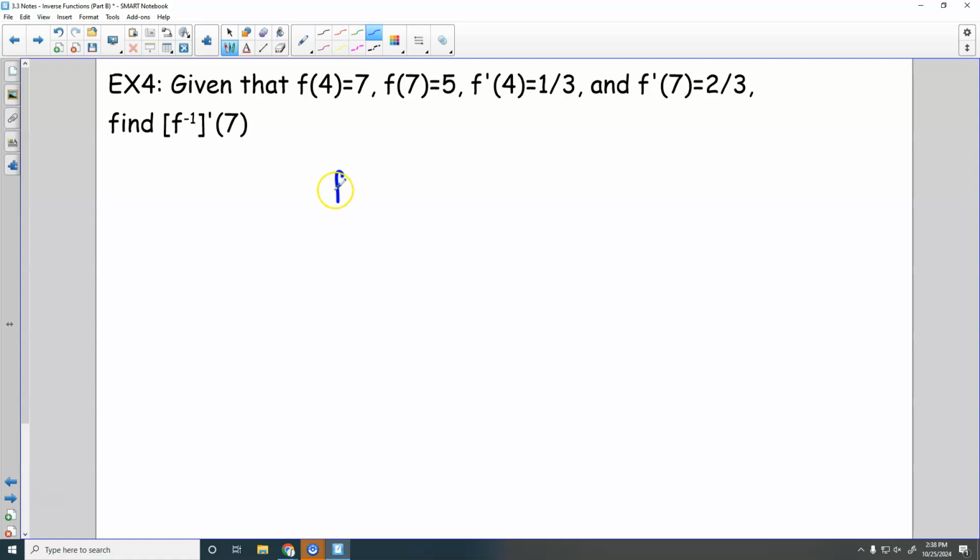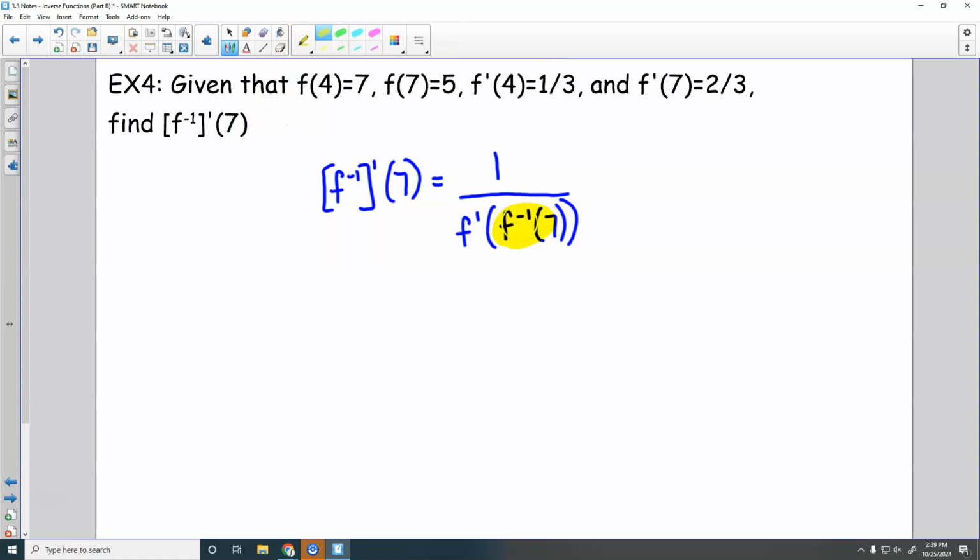So if we're finding f inverse prime of 7, our formula we just used said it's 1 over f prime of f inverse of 7. So if we want to evaluate this, we would need to start by finding f inverse of 7.